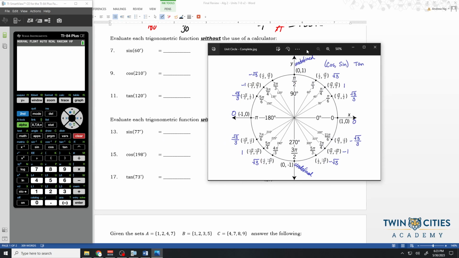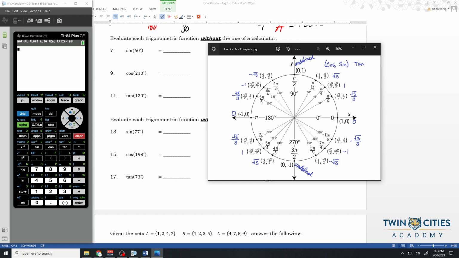So here's a reminder of how to use your unit circle. If it says sine of 60 degrees, you're first going to find where 60 degrees is on your unit circle. That's right here. And then that has a point 1/2, square root of 3 over 2. Well, the cosine of this angle measure is this x value.